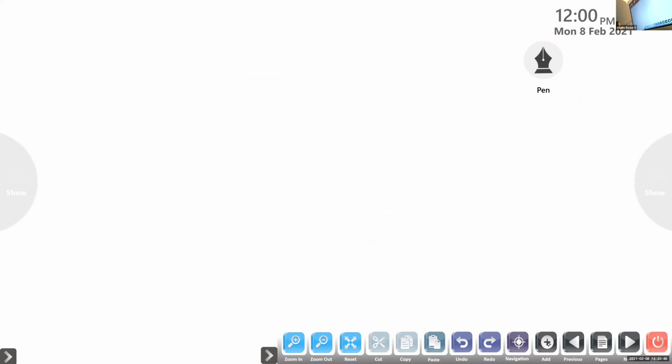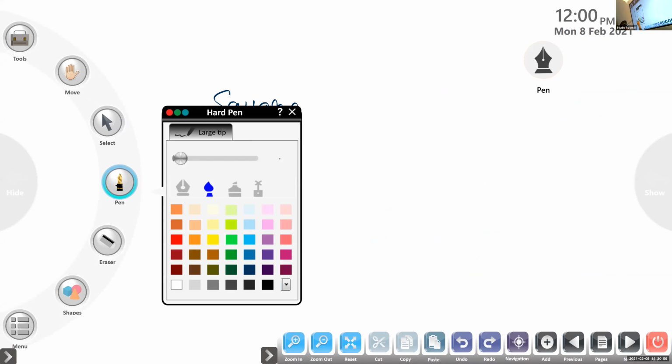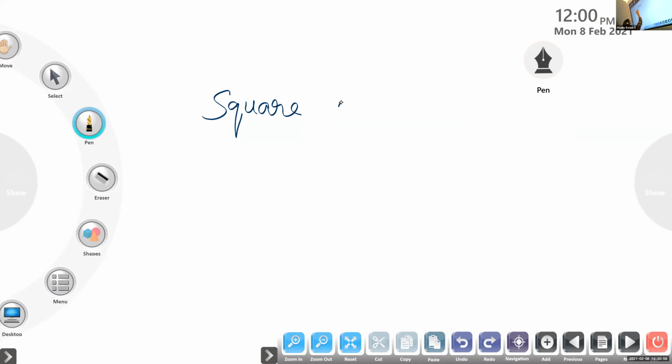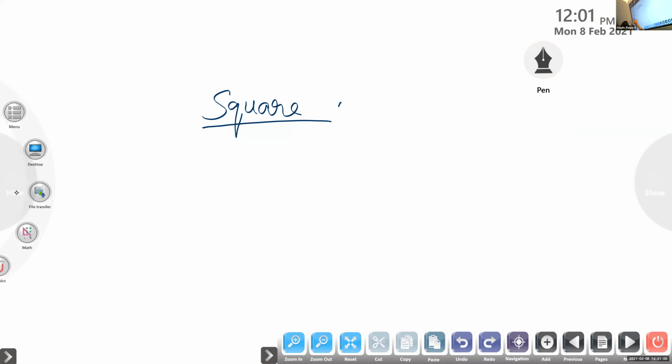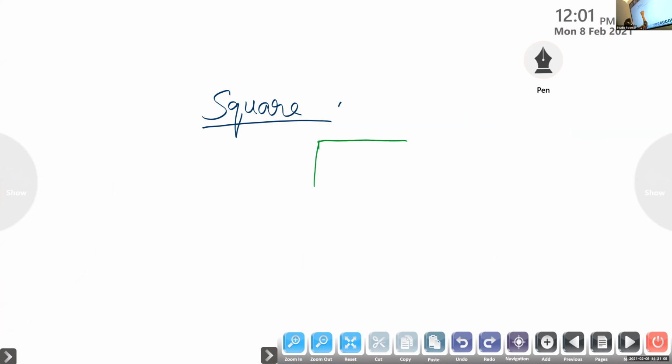Now we will derive the formula for a square. What is special for a square? All 4 sides are equal. Let me take another color here.